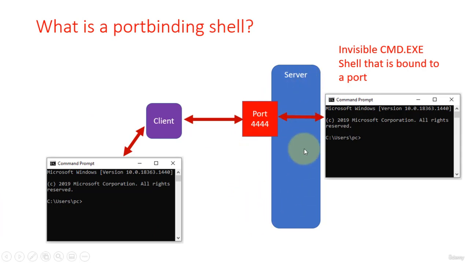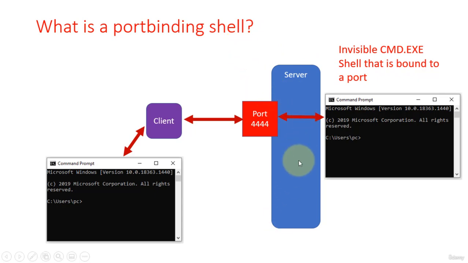This is our red server, which is listening on the port 4444. Now on the red server, we will have a CMD command, but normally the CMD command will only be able to run locally on the server itself.